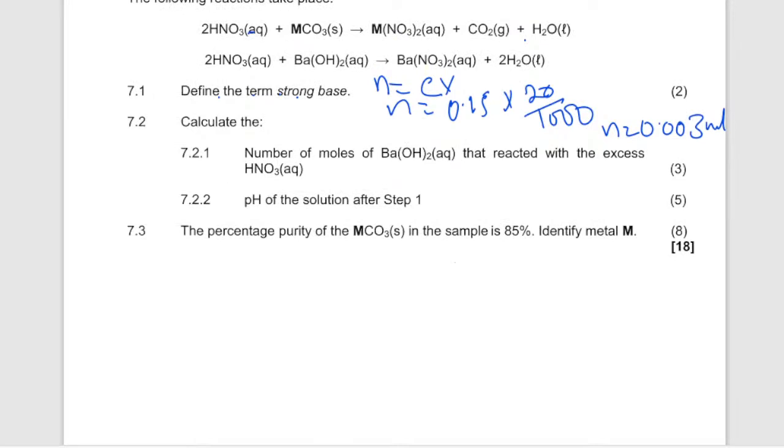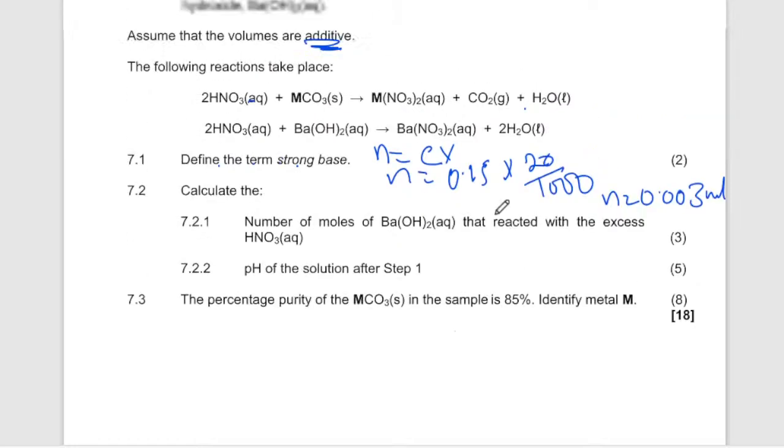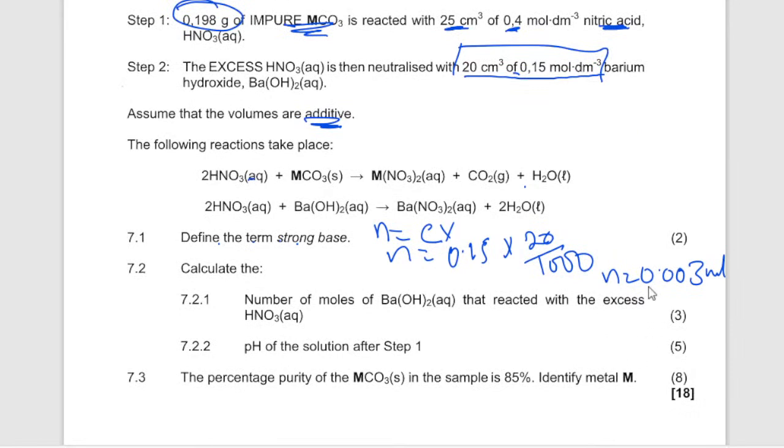The pH of this solution after step 1 is basically determined by how much nitric acid was remaining. Because they said excess, we have to go for step number 1. Understand?